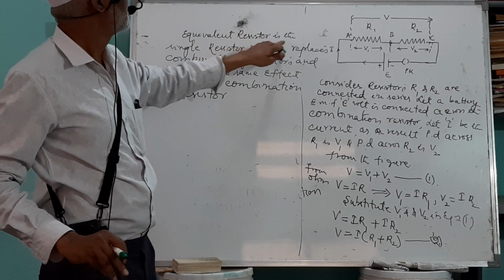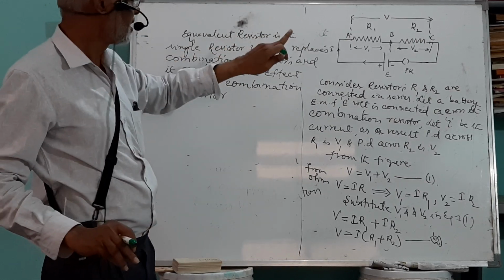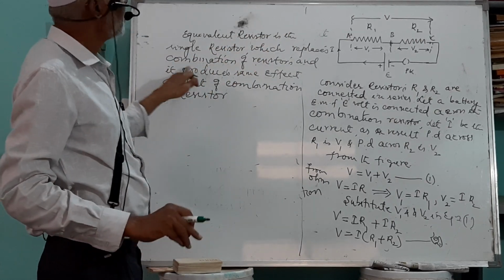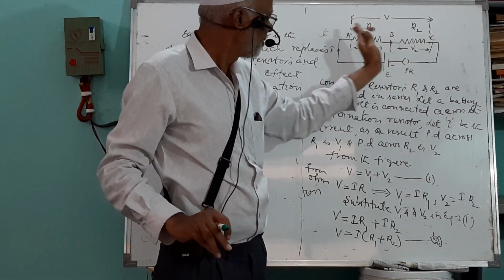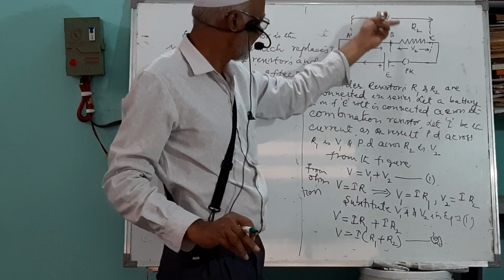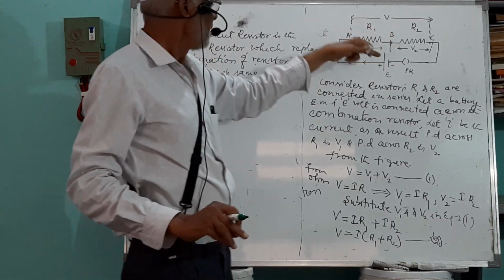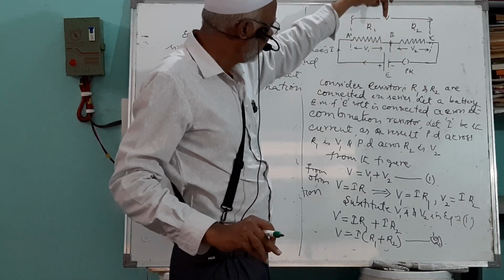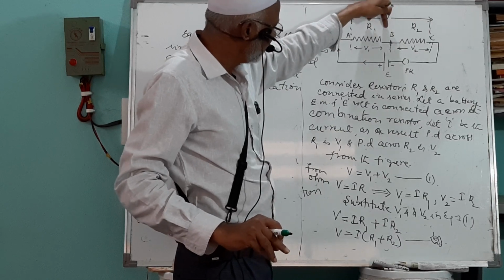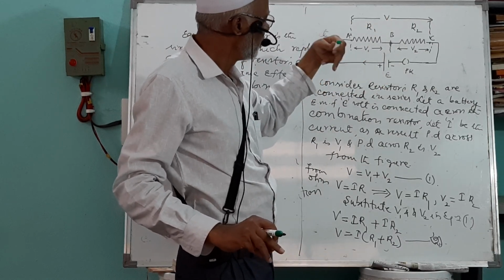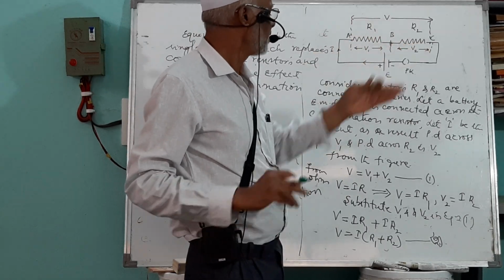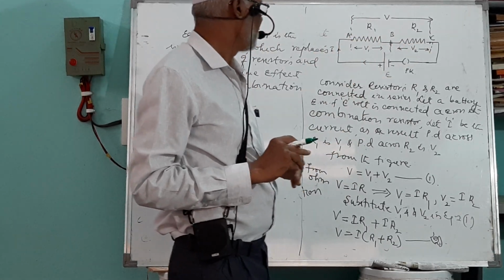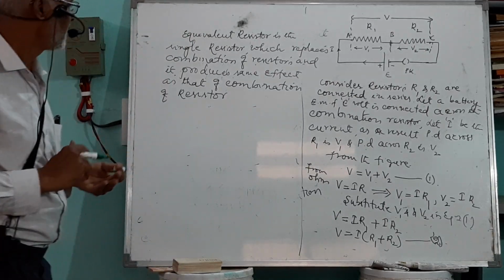In place of these two resistors you connect a single resistor which draws the same amount of current as the combination of resistors. Such a resistor we call the equivalent resistor.